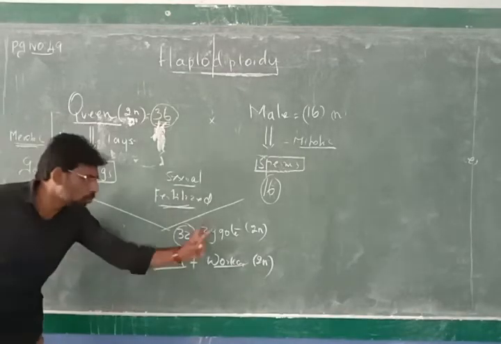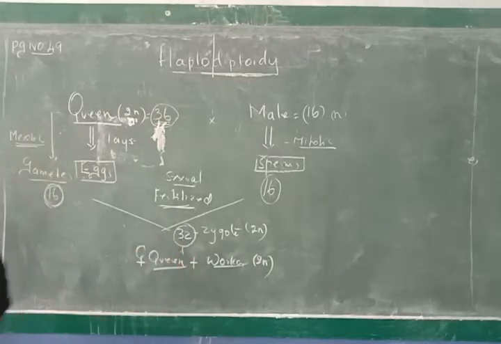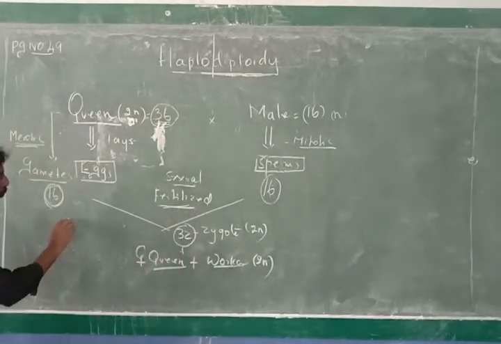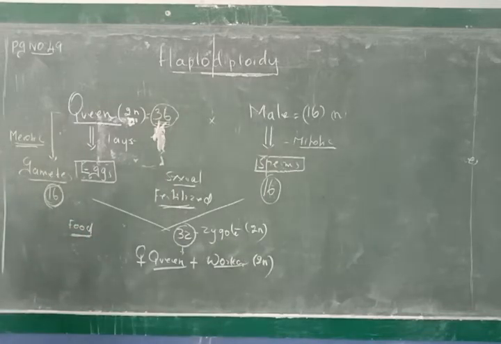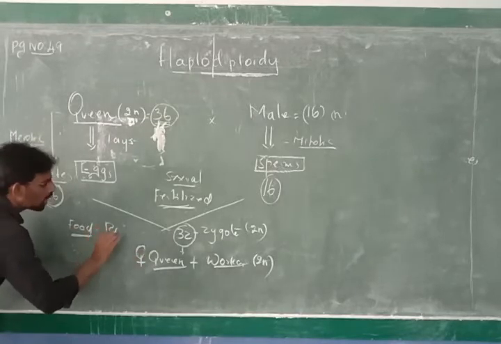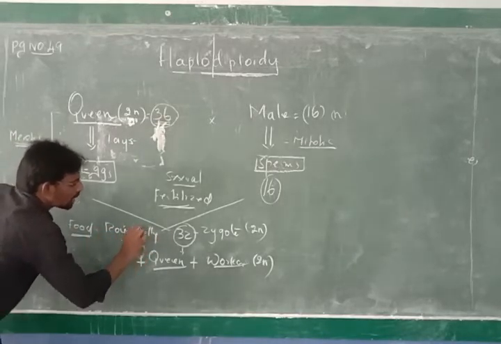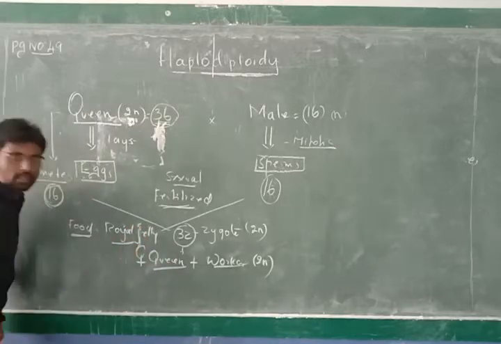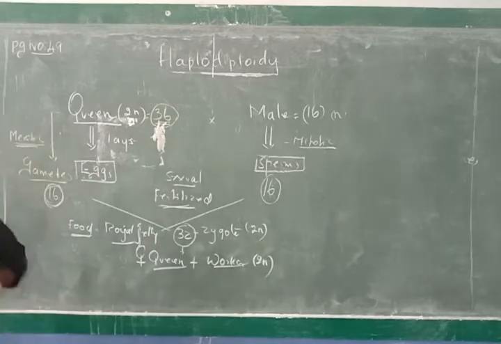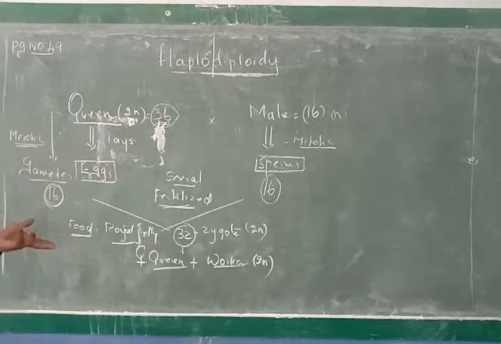Both are female, but how is the difference between queen and worker formed? It is because of the food that is available in the beehive. Inside the beehive, there is a jelly called royal jelly. If any one of these females eats the royal jelly, it becomes a queen bee.